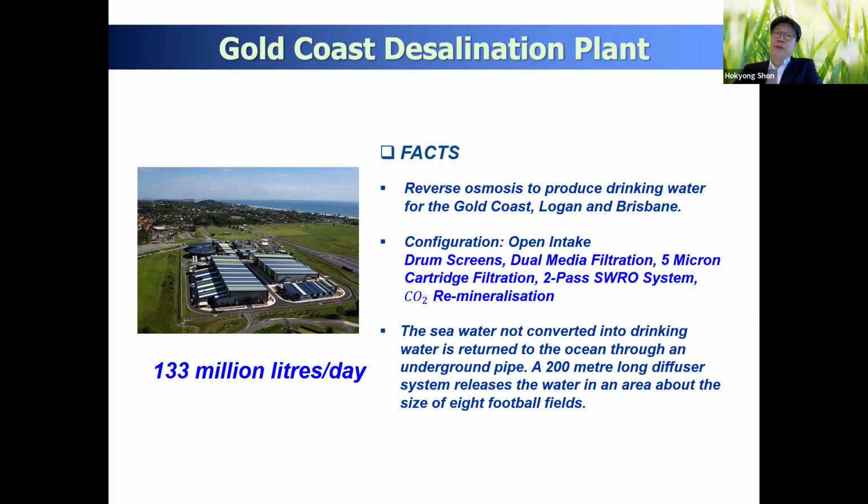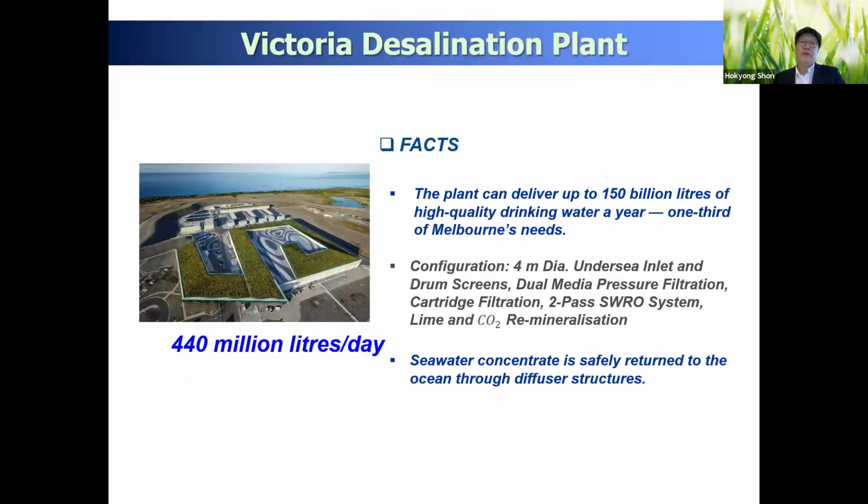So they produce 133 million liters per day. And Victoria, Melbourne, they are producing 440 million liters per day. They have a plant delivering 150 billion liters of high quality drinking water per year, which is 1/3 of Melbourne's need.